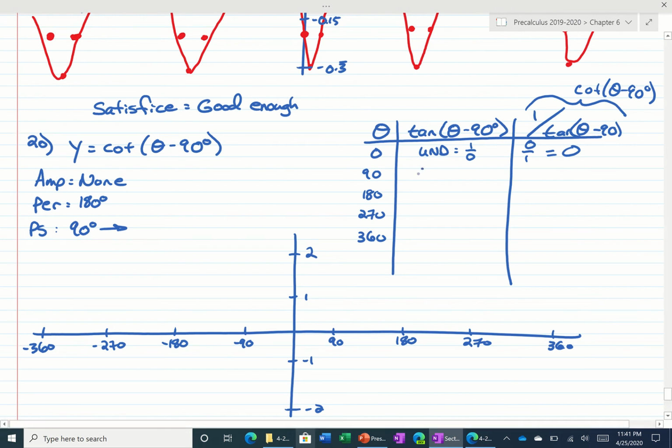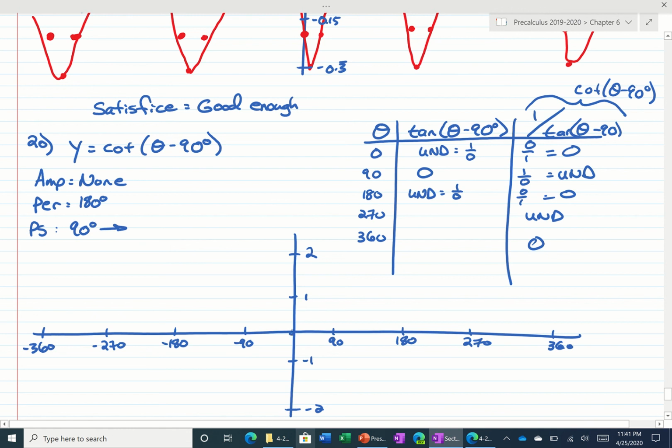And that's 0. So the reciprocal of 0 would be 1 over 0, which is undefined. 180, store it. It's undefined again. Remember, undefined means 0's on the bottom, so the reciprocal would be 0 on top. And we start to see a pattern here.